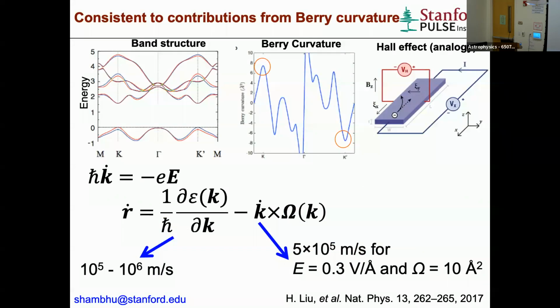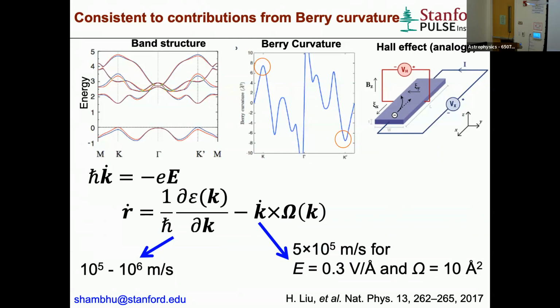We understood this by using this simple picture, which is essentially you write down the equations of motion in the band. For example, this is the group velocity, which is typically given by the dispersion, and this other term which has this Berry curvature.